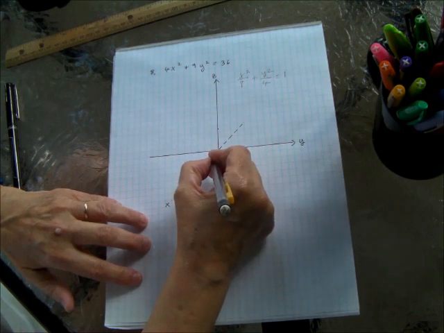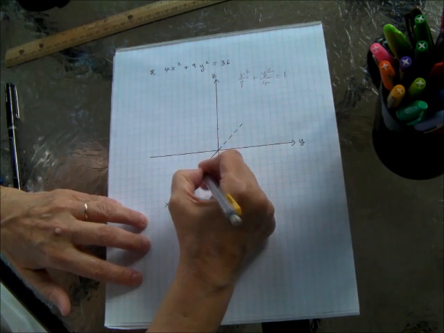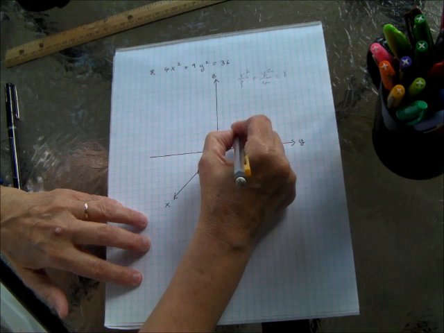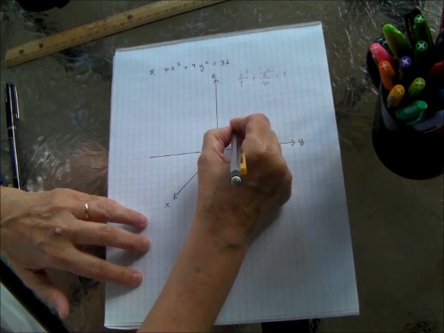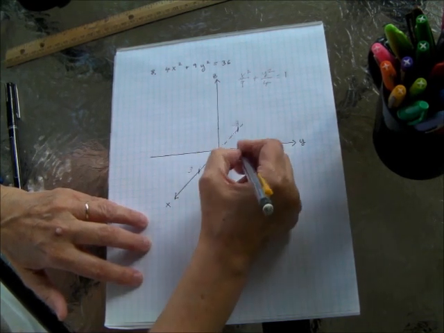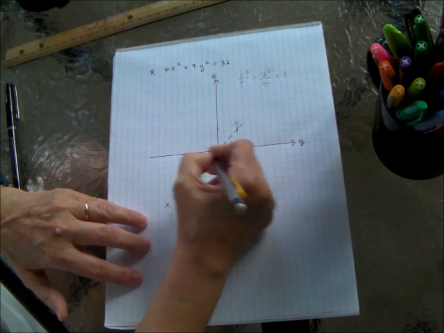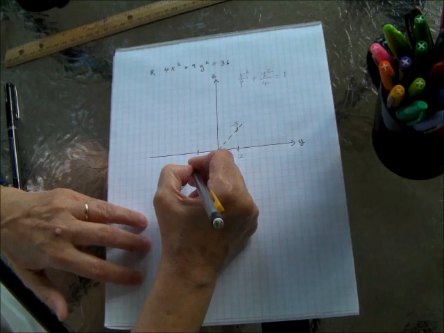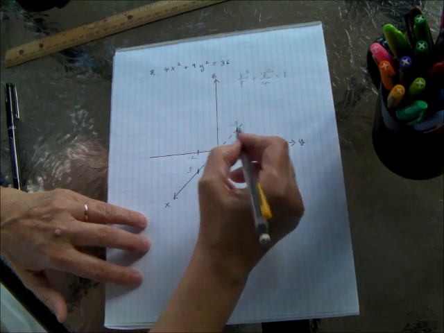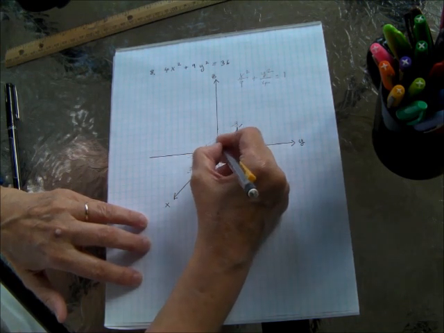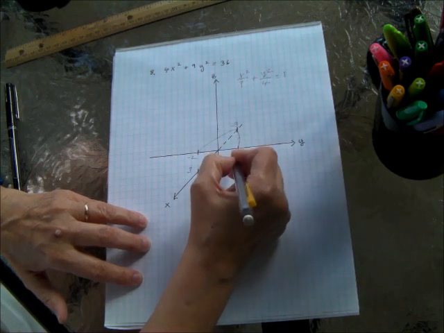So on the x-axis I want to go 3, so let's call that 3, and that -3, only that really should be smaller to be in perspective. And then on the y-axis 2, let's make 2 a little bit bigger, let's call that 2, and that -2.